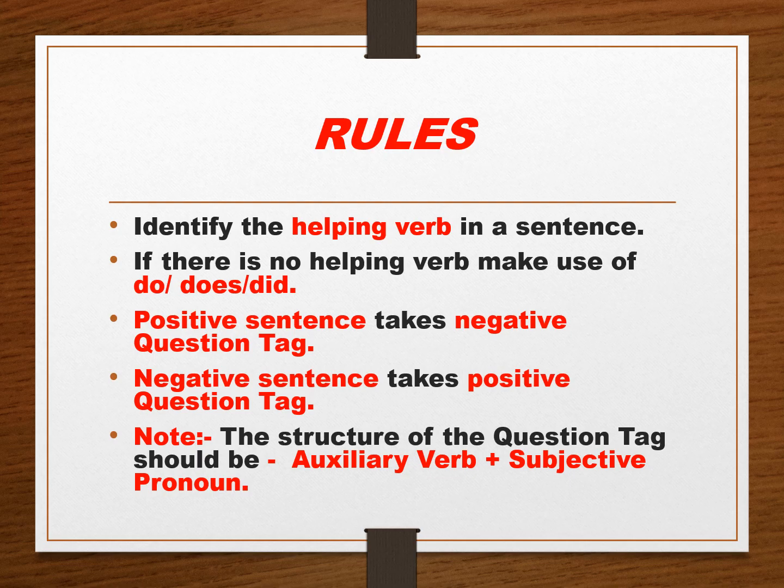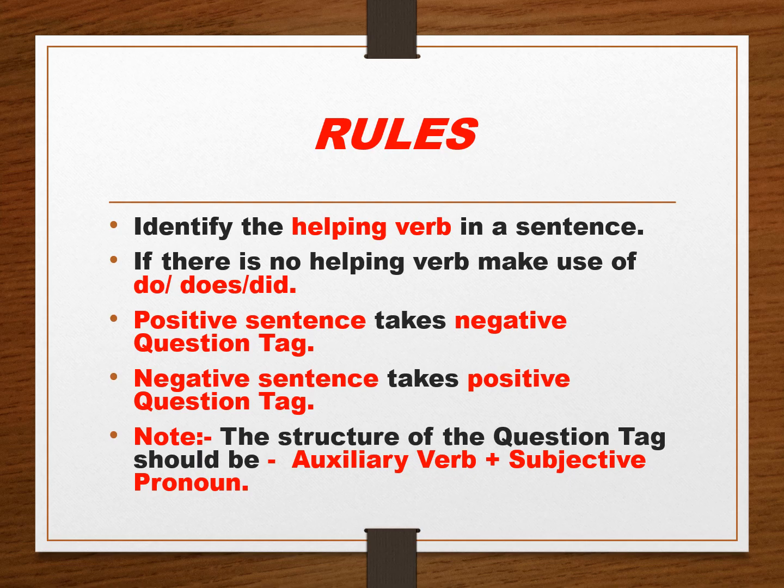Of course, you do know that in be form, in present tense, we have am, is, are, and in past tense, we make use of was and were. Coming to do form, it is do and does. That is, for third person singular, we make use of does, whereas in past tense, it's quite common, did.